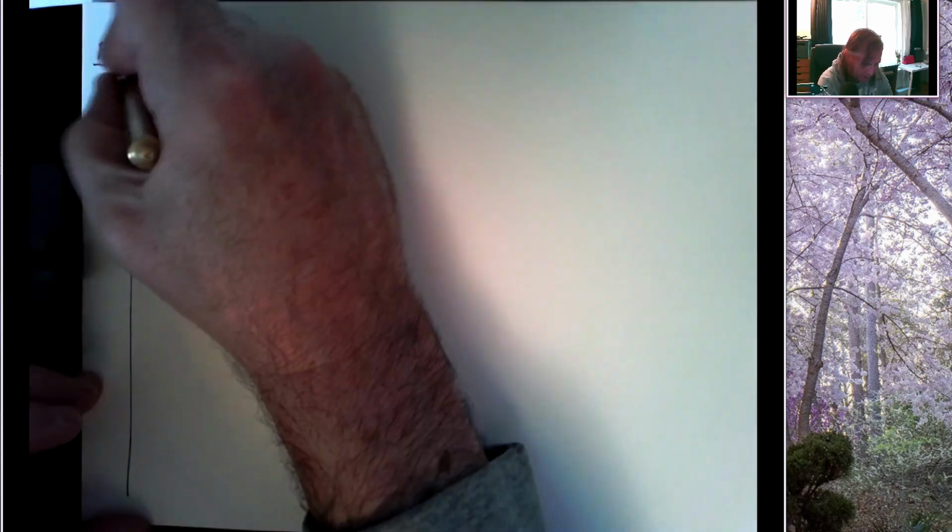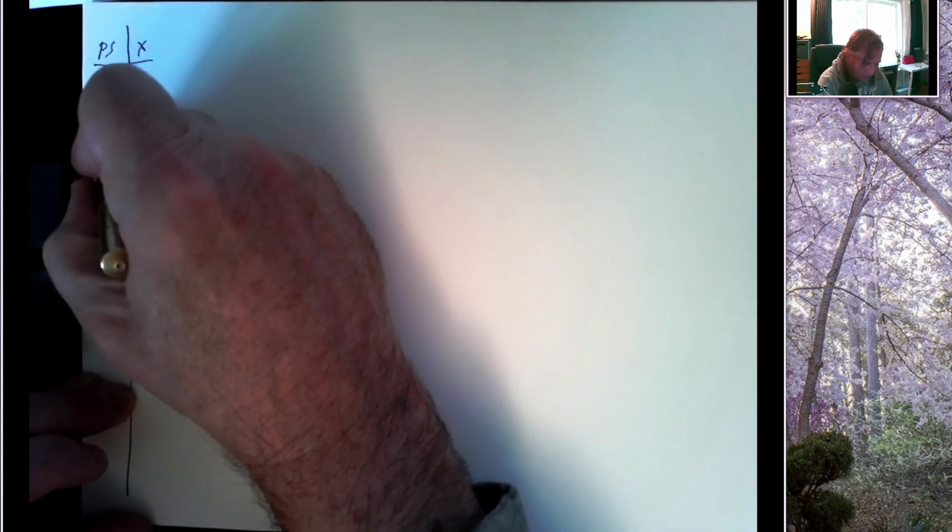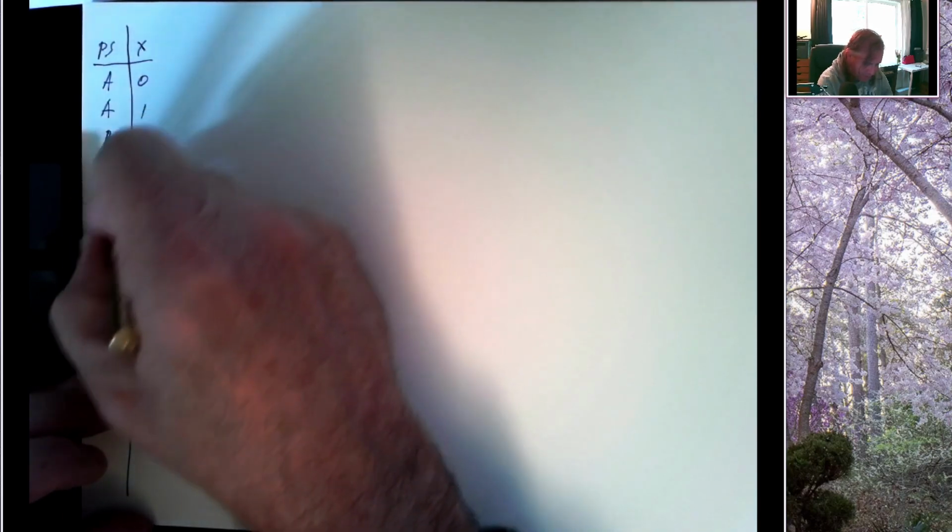Alright, so let's make our state transition table. So we have 1 input, X, and we have 3 states of interest. But we have 2 flip-flops, so we actually have 8 combinations of flip-flop outputs and our input X. So present state and our input X. So we can be in A with a 0, A with a 1, B with a 0, B with a 1, C with a 0, C with a 1.